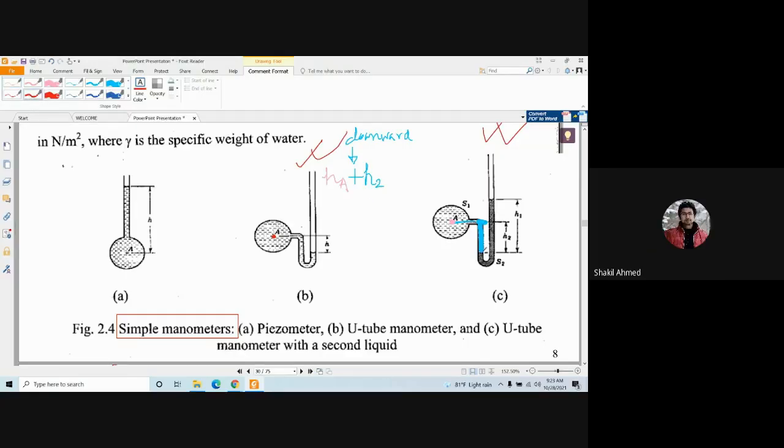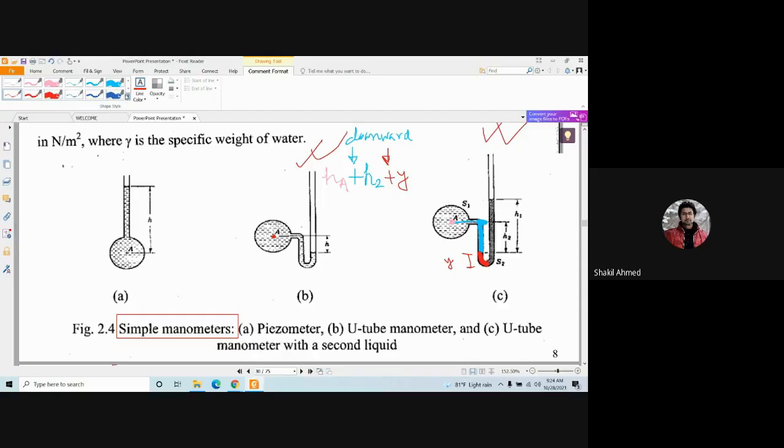Now you go down to this, and let's say this is Y. In which direction have you gone, guys? Downward, right? Downward means positive, so plus Y. Now you are here at this point.